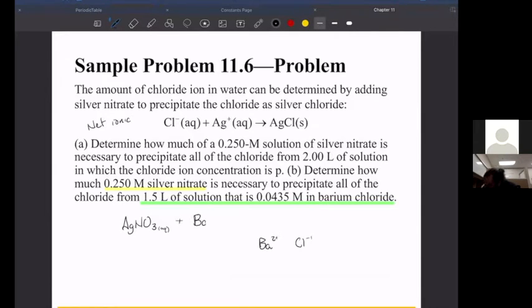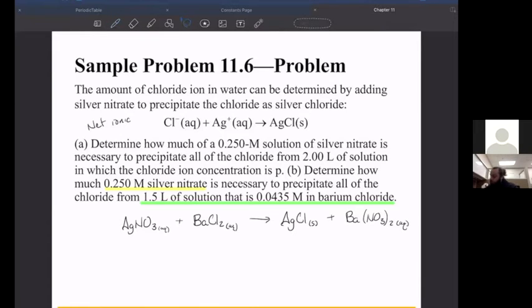That means that my actual compound will have 2 chlorides per barium. All right, and so this is going to form that solid silver chloride as well as aqueous barium nitrate. And so what I mean by they're trying to be tricky is this isn't balanced as it is. This isn't a 1-to-1 ratio like it was in the previous example when I was told the concentration of chloride ions.